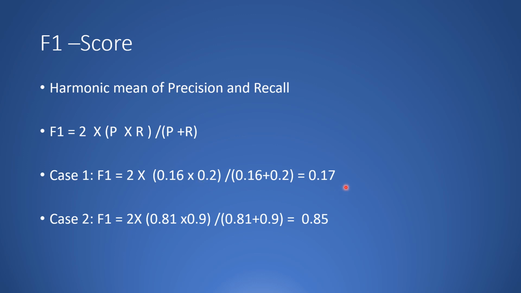So you get an F1 score of 0.17. Right, in the second case, you get an F1 score of 0.85 because precision and recall were 0.81 and 0.9. Right, so the closer this F1 score is to 1.0, basically the algorithm is performing well with respect to both precision and recall.